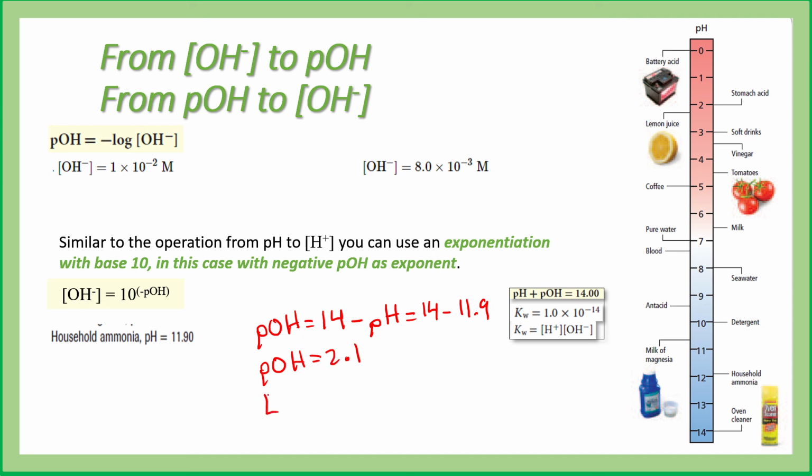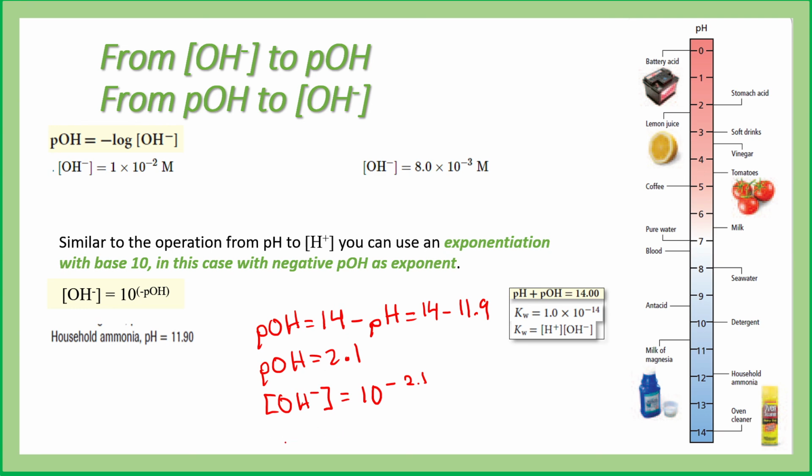And then the hydroxide ion concentration will be equal to 10 to the power of minus pOH, which is 10 to the power of negative 2.1.